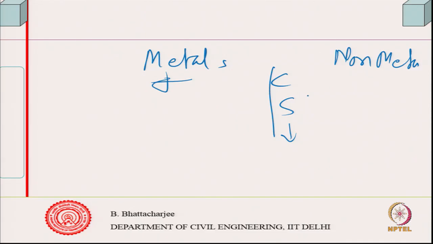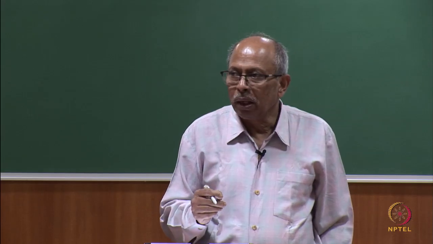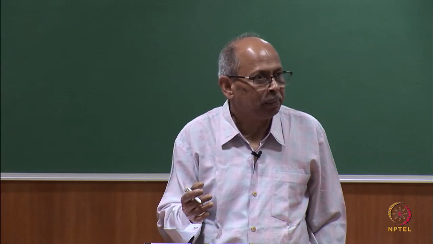And if you look at metals, they have electrons in the outer orbit which is far away from the nucleus, so they can lose them very easily.